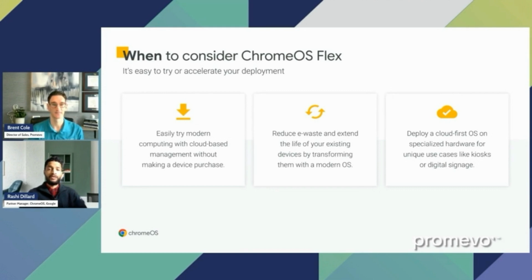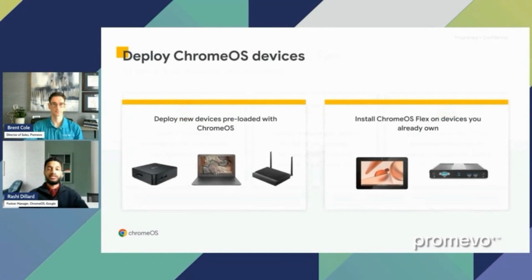Yeah, definitely. It's a great value prop, and ChromeOS Flex is a great entry point to consider that OS move. We also do have ChromeOS devices that you can easily deploy, and they go across a breadth of different form factors. We do have devices that already have ChromeOS licensing on them. We have Chromeboxes, which are small form factor devices, your traditional Chromebooks that are built for enterprise use cases.